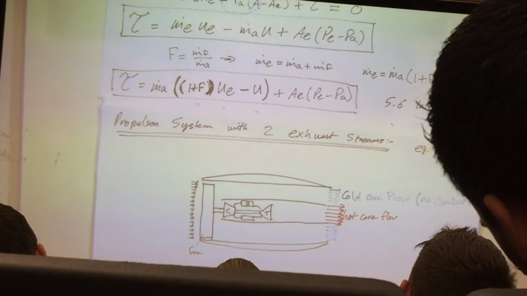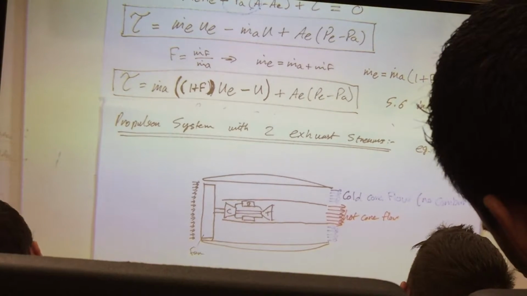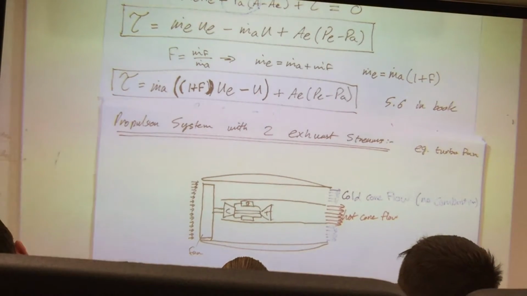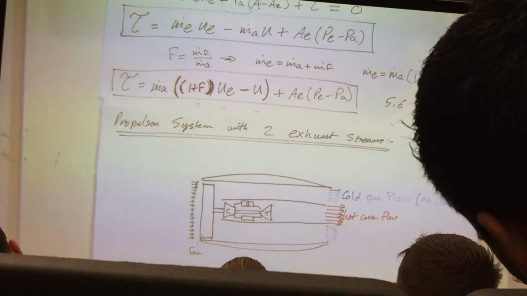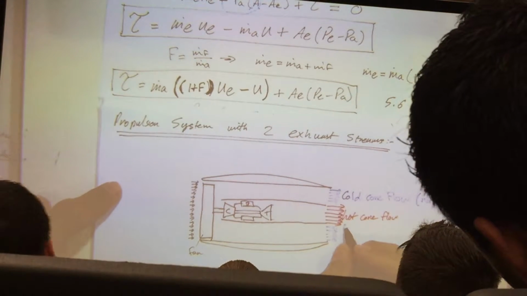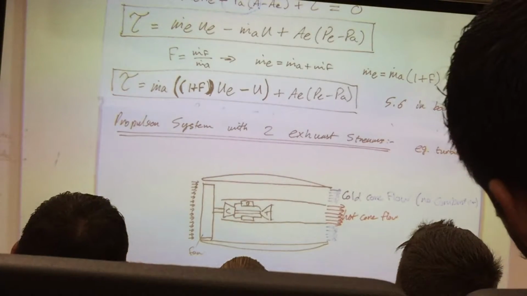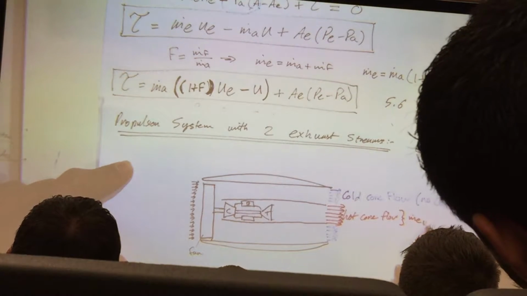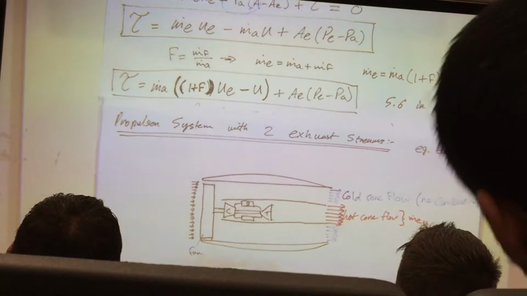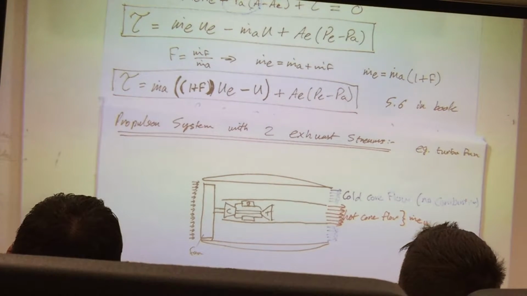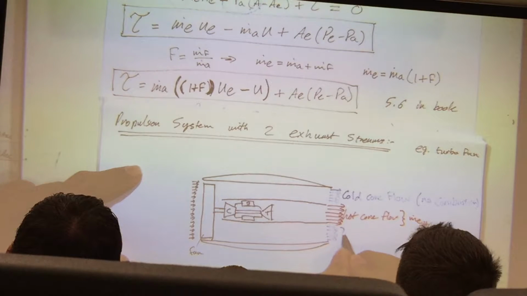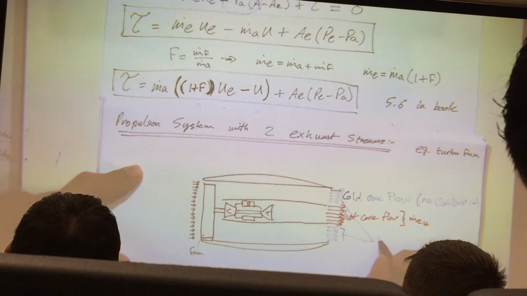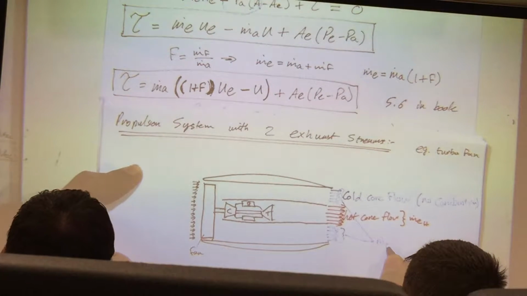Now let's define some masses because I think it's going to be confusing. So we have a total exit flow, meaning that this is m dot exit hot, this section there, okay? And this and this are both m dot exit cold.